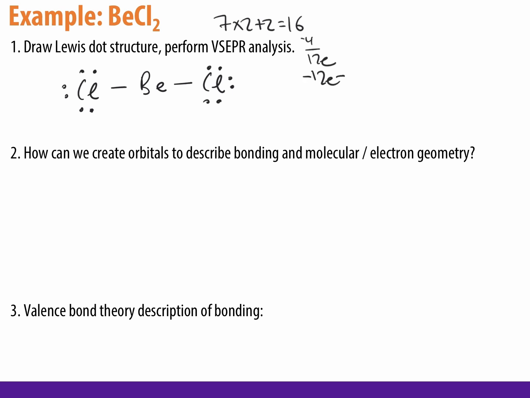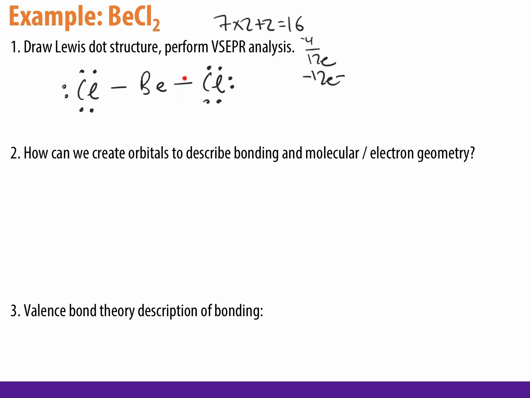Lewis structure. We would like to get beryllium to an octet usually, but remember that beryllium is electron deficient, being in group 2, so we actually just leave the structure as is. Again, we could think about forming double bonds here, but because it's electron deficient, we don't. Next, how can we create orbitals to describe the bonding?